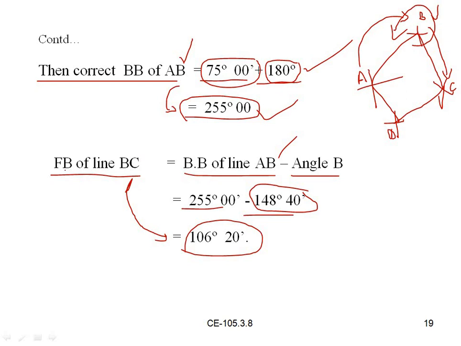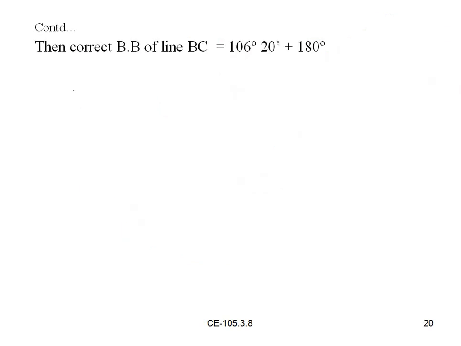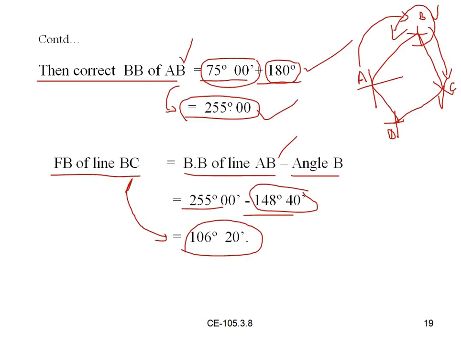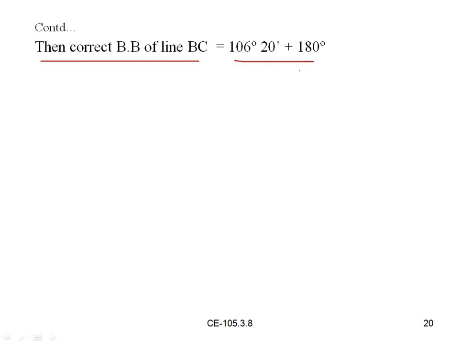This is the correct forebearing of line BC. Then the correct back bearing of line BC is equal to the forebearing of line BC plus 180 degrees. How much do we get? 286 degrees 20 minutes, because it is less than 180 degrees, we are adding 180 degrees.